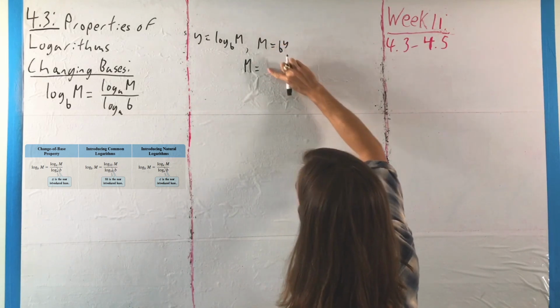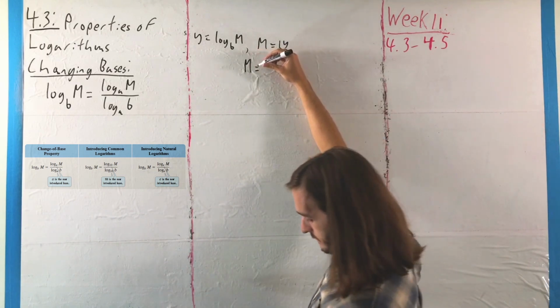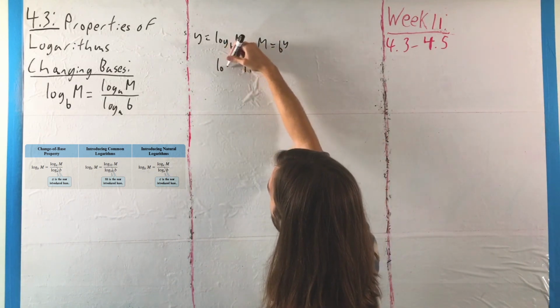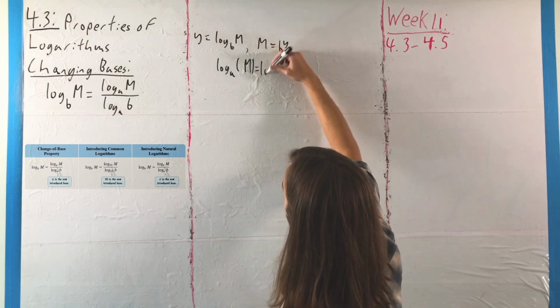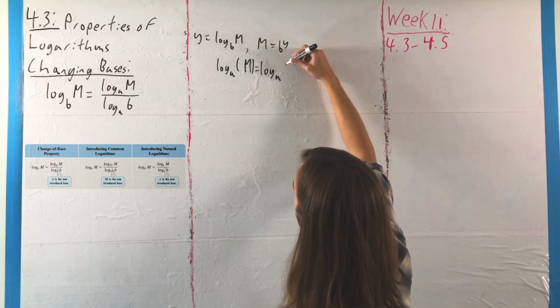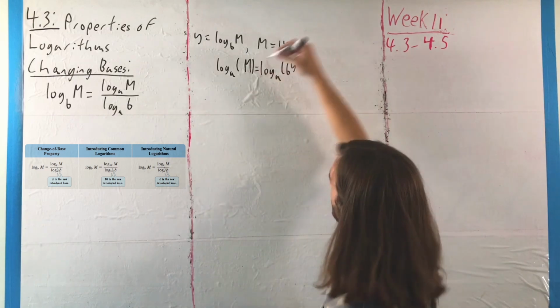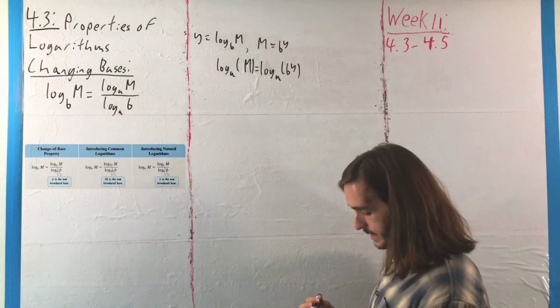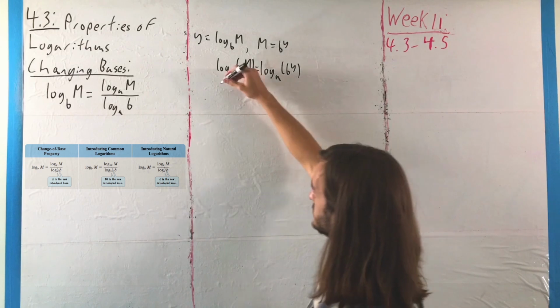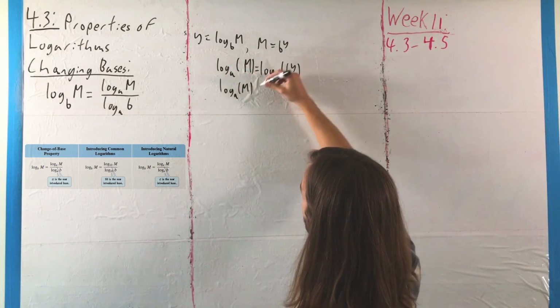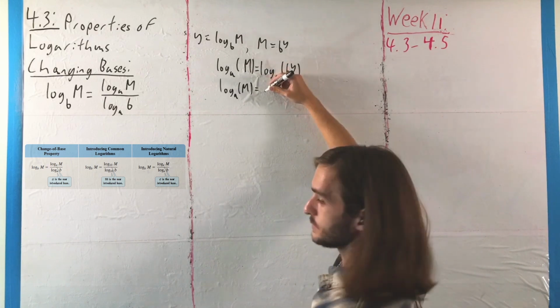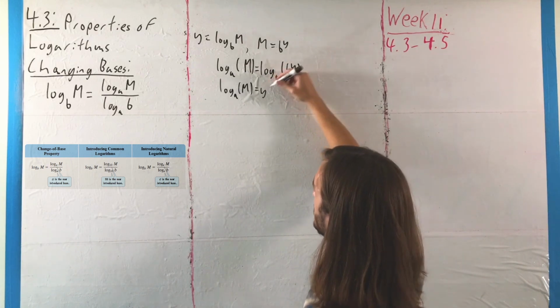If we take that term there and evaluate it in terms of the logarithm base a, so we take log base a of m, that's going to be equal to log base a of b raised to the power y. Over here we can use the power rule, bring down the y.